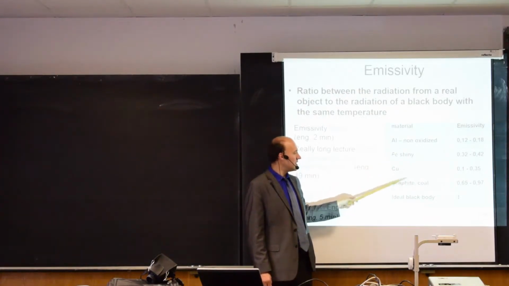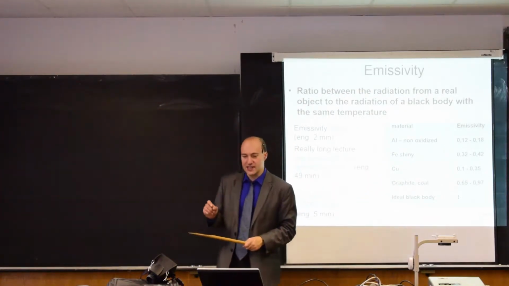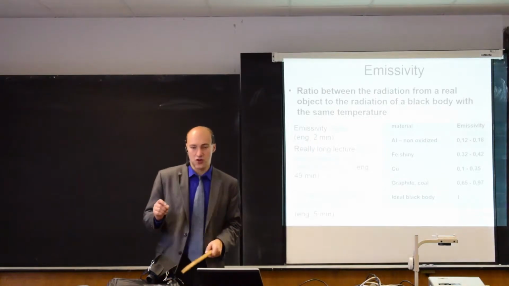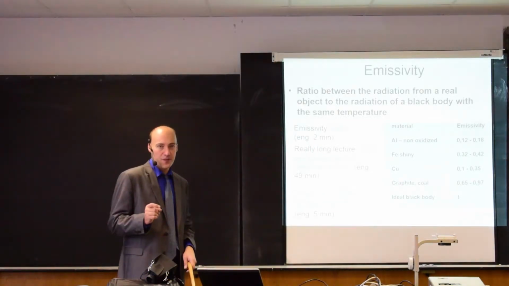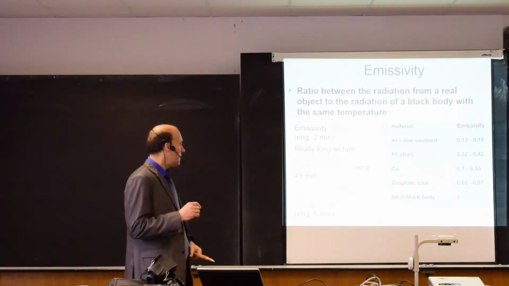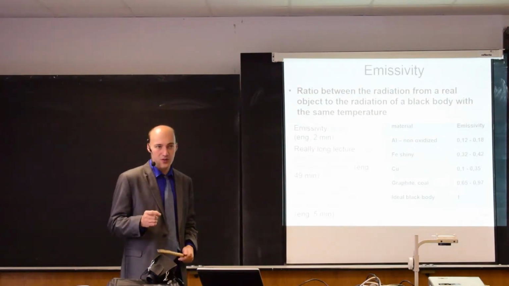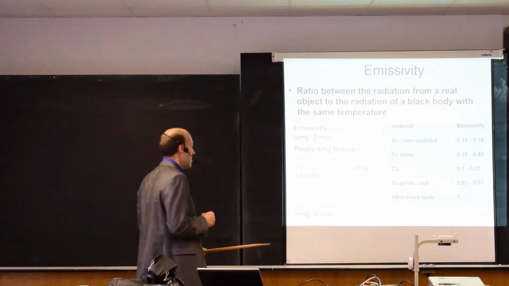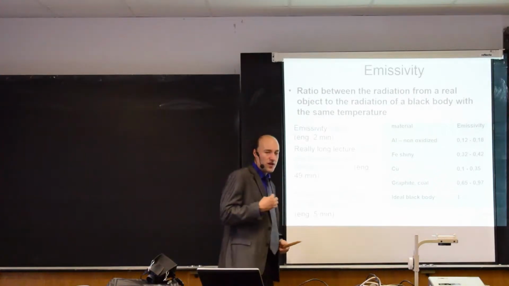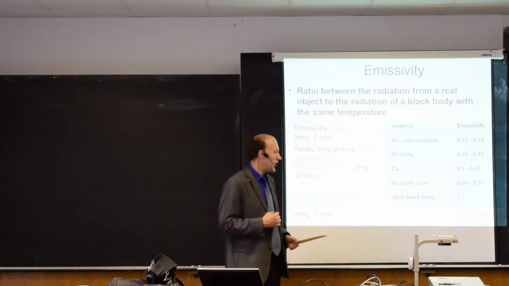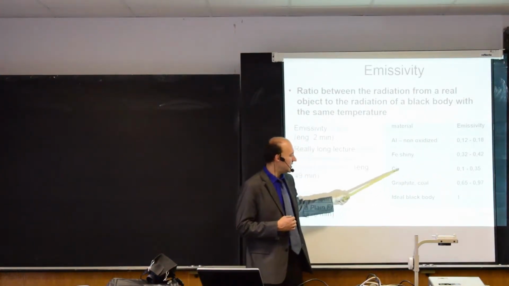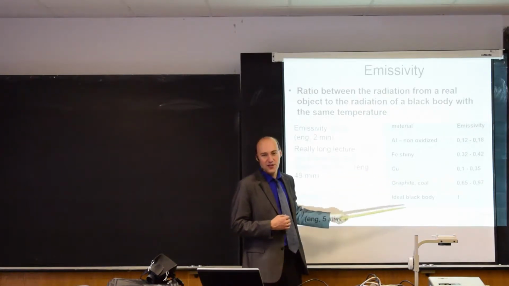What is important in this table is that typically there is a really large range of emissivities. And when we will be doing infrared measurements with IR thermometers and IR cameras, if you want to read correctly the temperature of your object, you need to set exactly the correct emissivity.